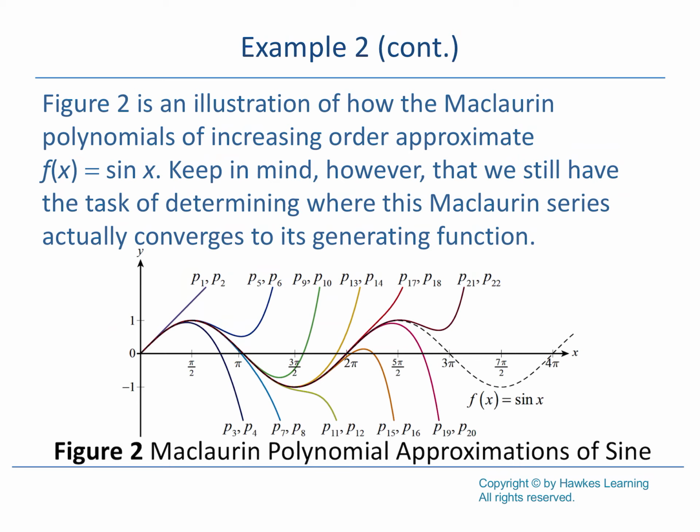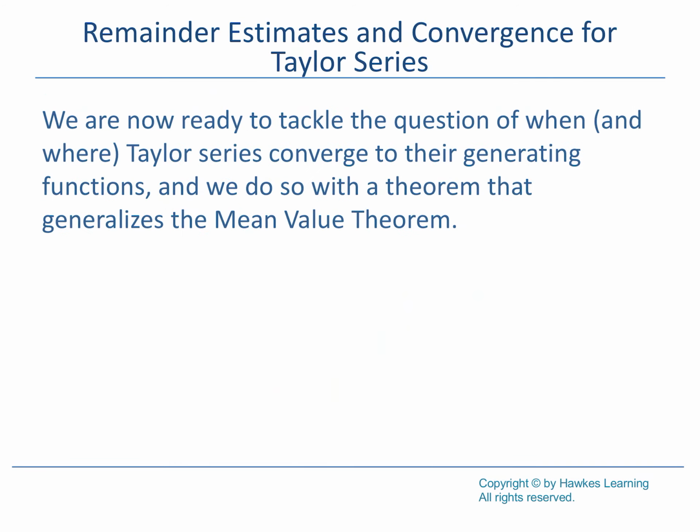And we're only out to about, let's say, 5 pi halves, where it's a very good approximation, and then that starts to diverge away from sine. But actually what we're going to show at the end of this is that these Taylor polynomials do converge to sine of x for any x. The radius of convergence here is infinite. So this isn't going to stop converging at a certain radius like the last one we looked at.